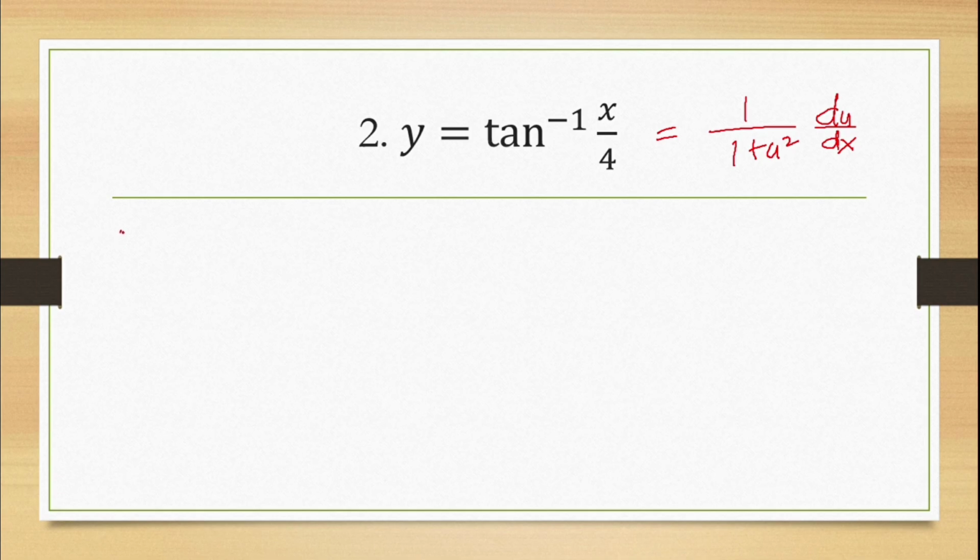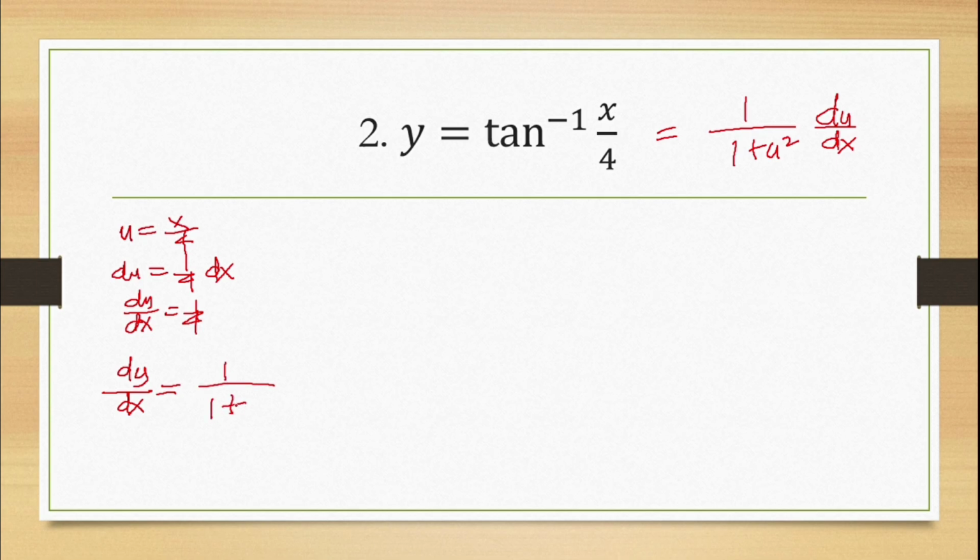First we're going to find our u. u is equal to x over 4, and we have here du is equal to 1/4 dx. So du over dx is equal to 1/4. So by the use of the formula, dy over dx is equal to 1 over 1 plus our u here, x over 4, squared, times 1/4.